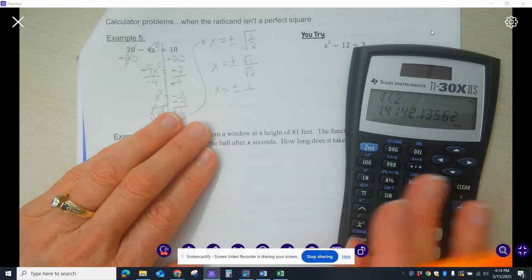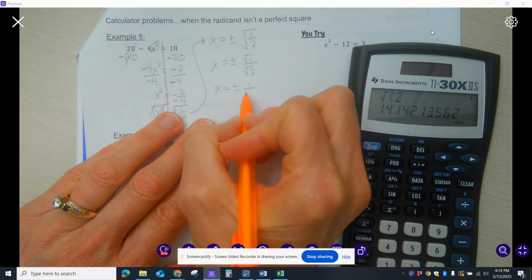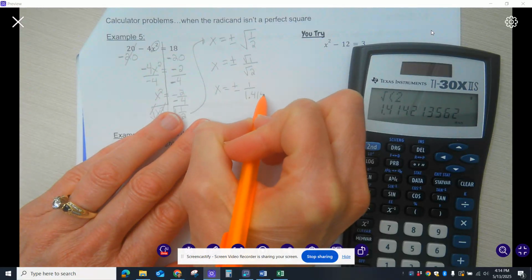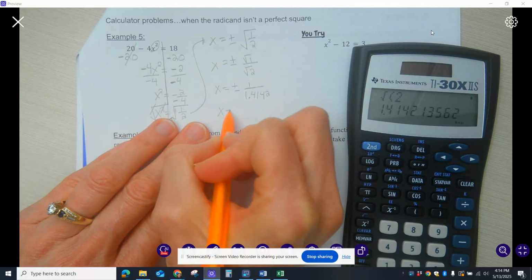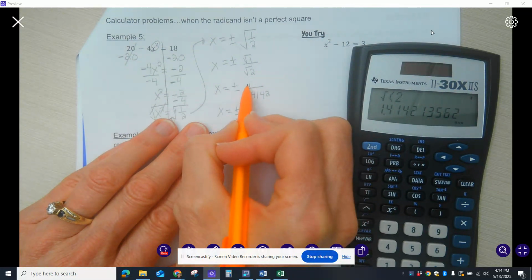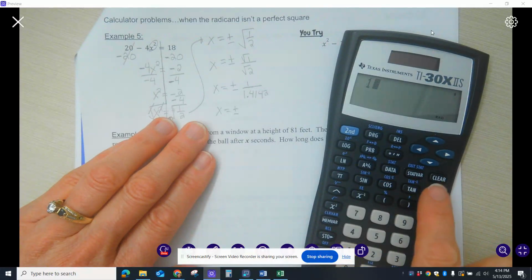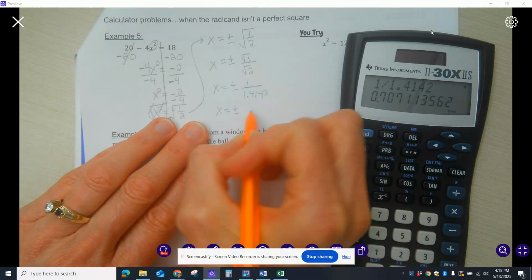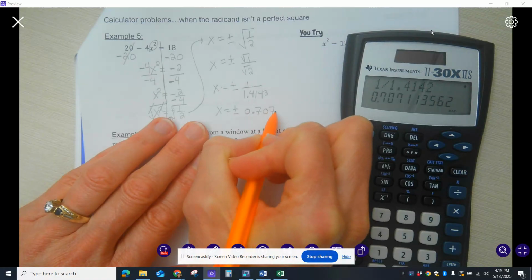So this is 1 over 1.4142, something like that. Now let's do 1 divided by that number. 1 divided by 1.4142. So I get 0.707.